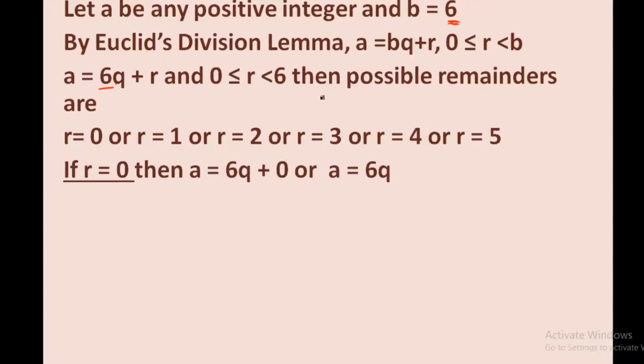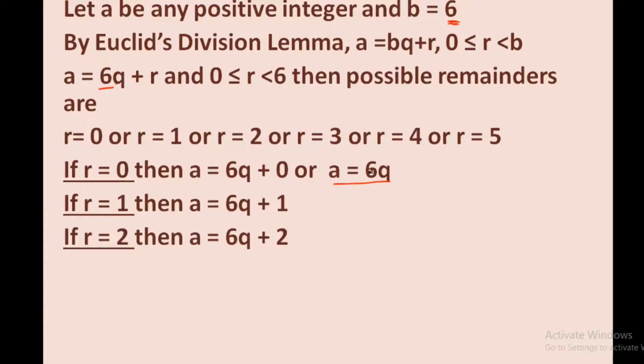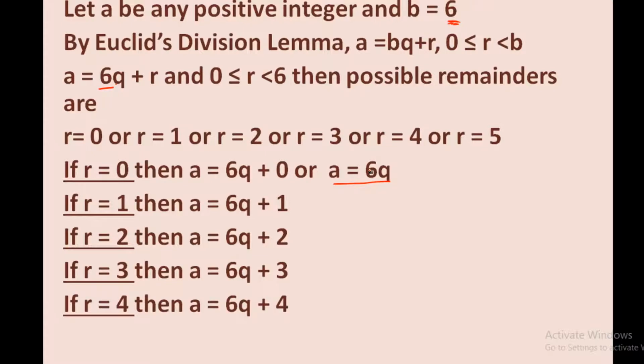Let us see, if r is equal to 0, then a is equal to 6q. If r is equal to 1, then the equation is 6q plus 1, r equal to 2 is 6q plus 2, r is 3 is 6q plus 3, r is 4 is 6q plus 4, r is 5 is 6q plus 5. These are the total possible remainders and values of a.